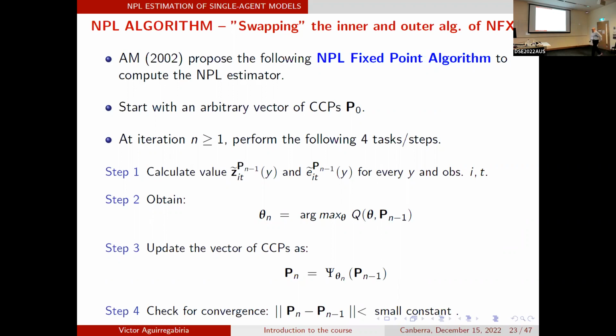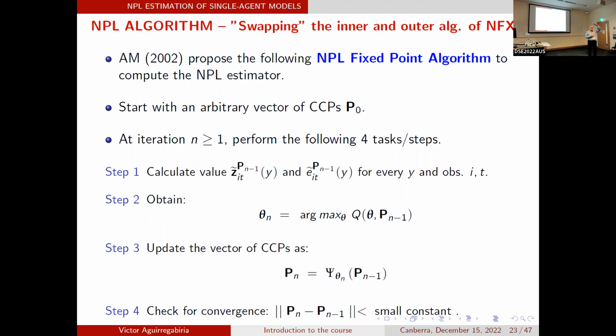The title of the paper is Swapping the Nested Fixed Point Algorithm, because this algorithm has the flavor of swapping the inner and the outer algorithm of the nested fixed point. Remember that in the nested fixed point, in the outer algorithm, we have the maximization of the likelihood function with respect to theta.